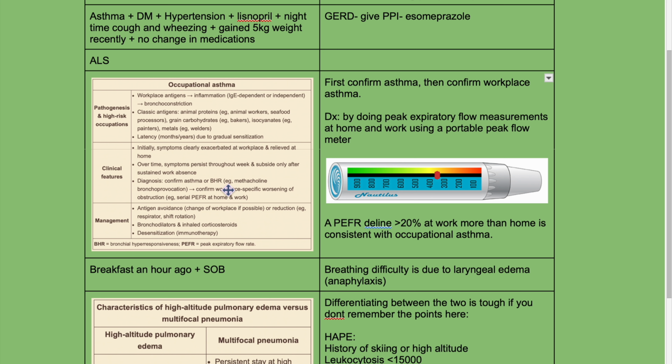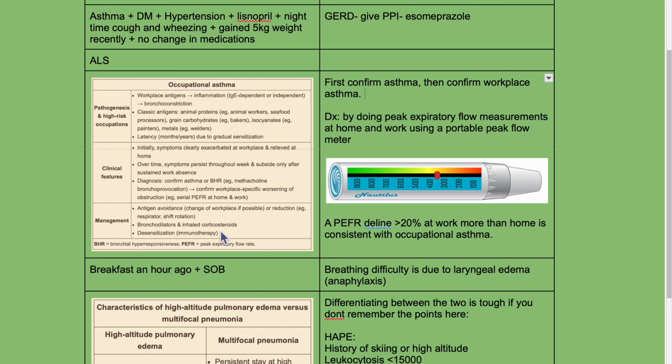Diagnosis: confirm asthma or PHR, for example with methacholine bronchoprovocation, then confirm workplace-specific worsening of obstruction, for example serial PEFR at home and work. Management is antigen avoidance, change of workplace if possible, or reduction, for example a respirator or shift rotation.